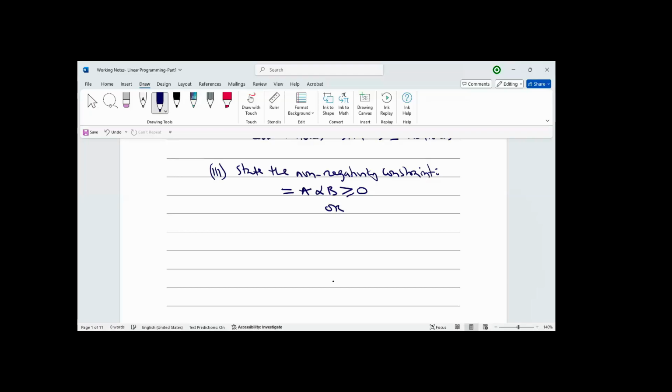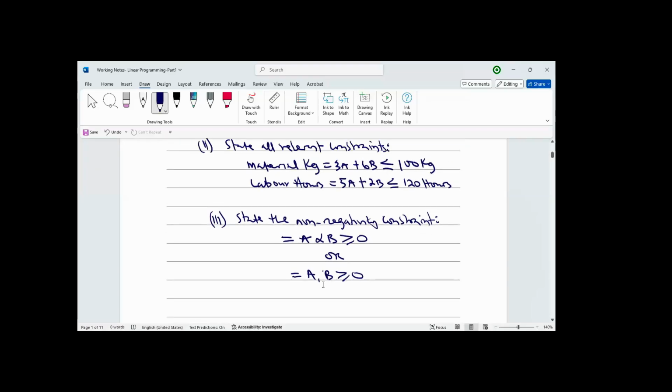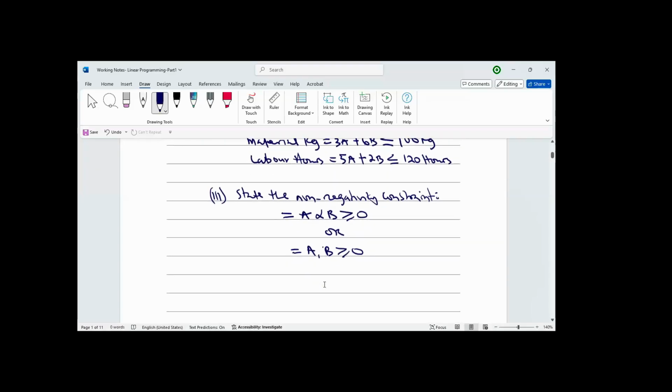Or you can say A, B greater than or equal to 0. This is how to state the non-negativity constraint, which says that negative output is not permitted. We can either produce 0 or more than 0, but not below 0. You cannot produce anything less, because negative means below 0, which is not permitted.